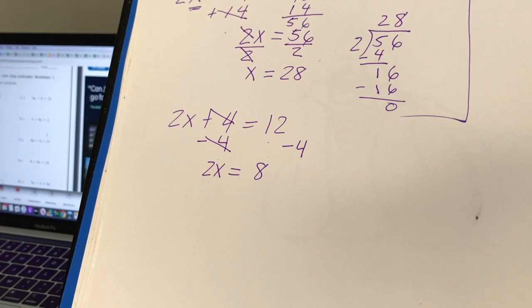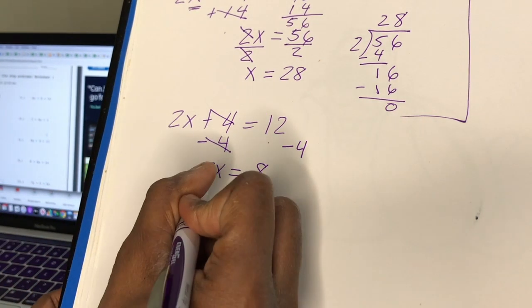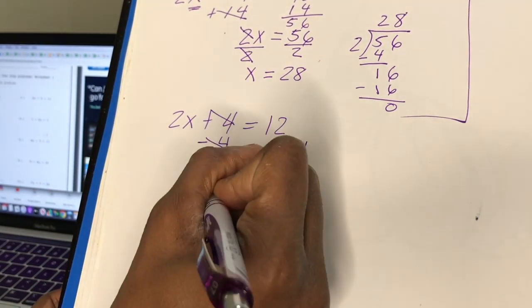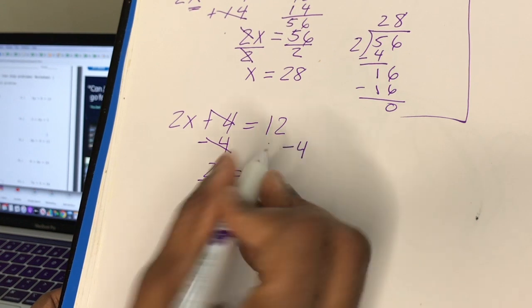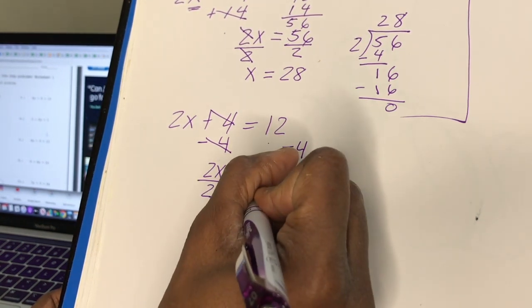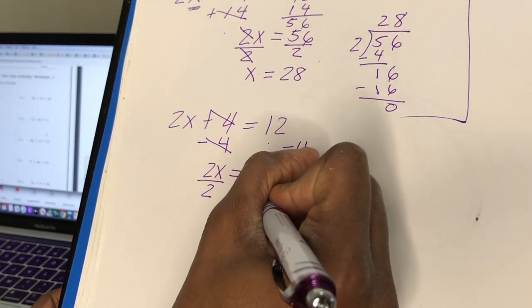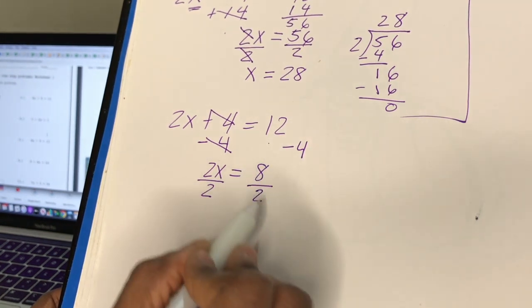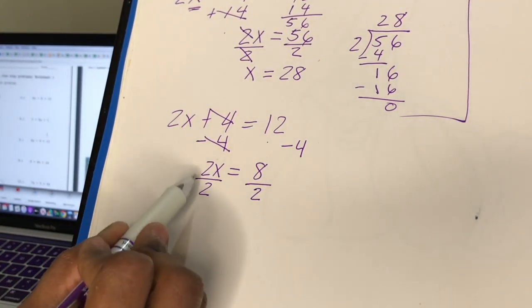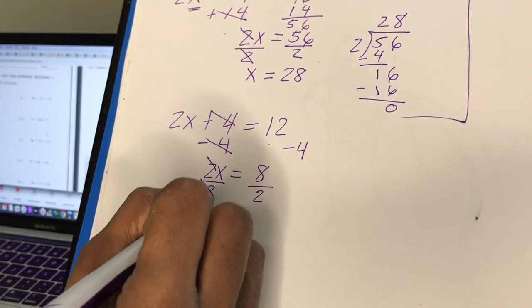If there's a number next to a variable, it's being multiplied. To undo the multiplication, you have to divide. So we're going to divide 2x by 2. 2x divided by 2, and then the other side is going also to be divided by 2. 8 divided by 2. 2x divided by 2 will get you x.